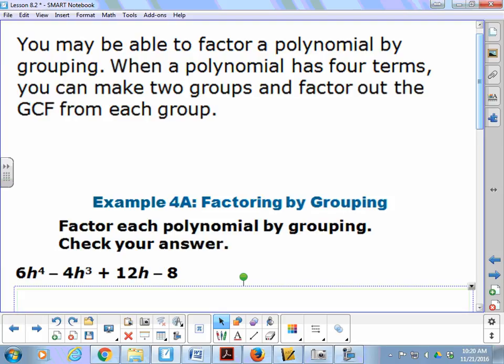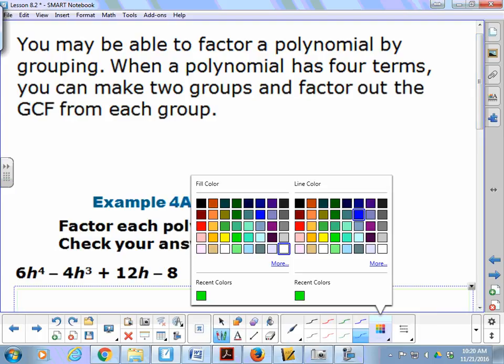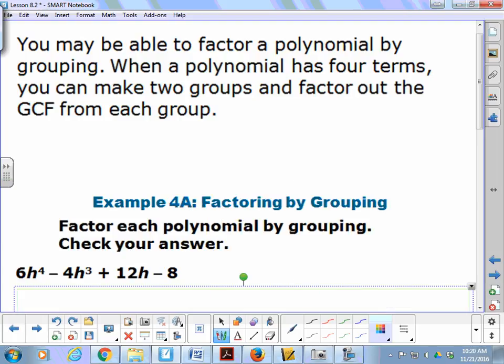The first thing we want to do always, the number one thing, is make sure it's in standard form.